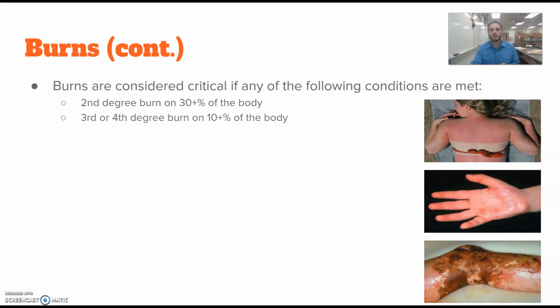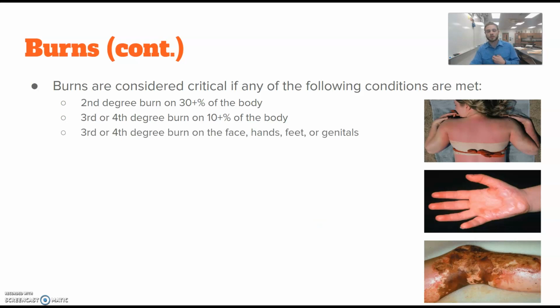You can also consider a burn critical if it is a third or fourth degree burn on at least 10% of the body. So that is going to be basically one entire section of 9% that we have divided up, plus a little bit more spilling into some other region. But again, that's a third or fourth degree burn. Basically, the entire muscle and everything in that area is completely wiped out.